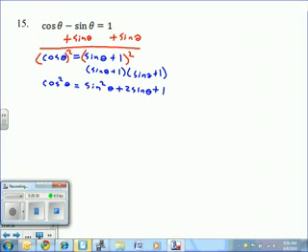That's the whole FOIL thing. First, outside, inside, last. So now I've got all these sines on the right and a cosine squared on the left. What can I do with that cosine squared? I can change it to 1 minus sine squared theta. Okay, and then I'm going to put everything on one side.